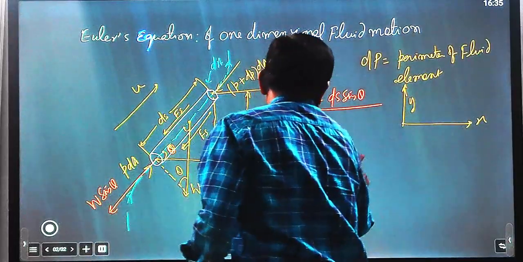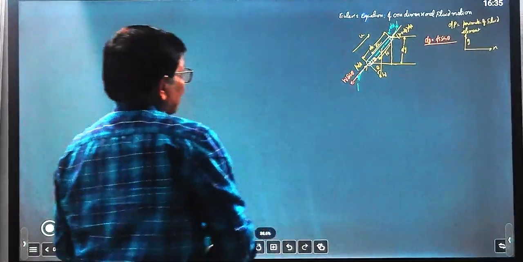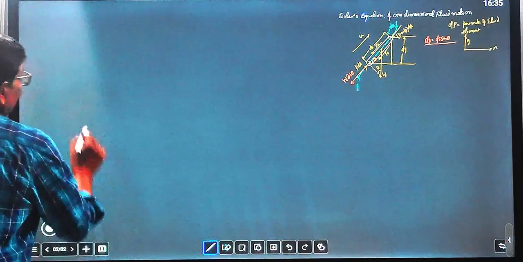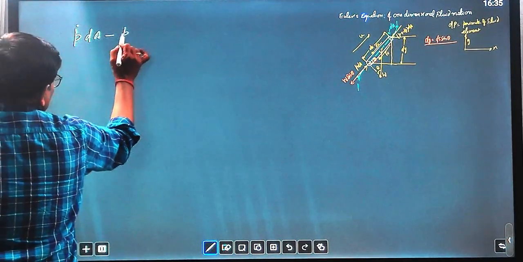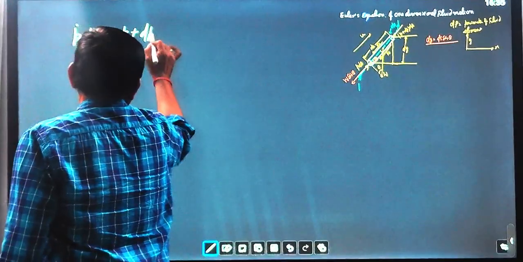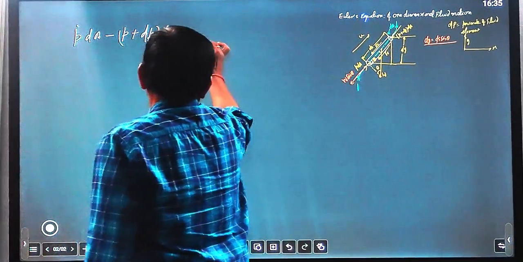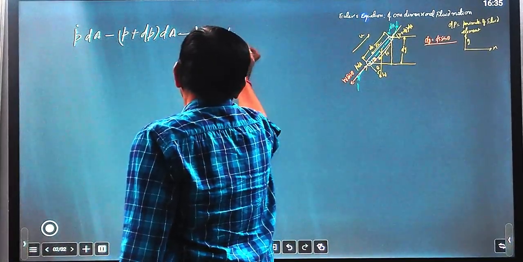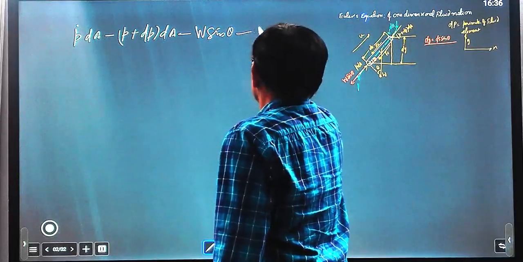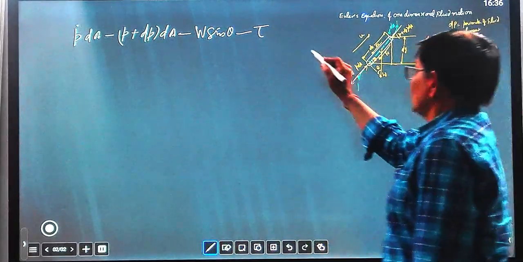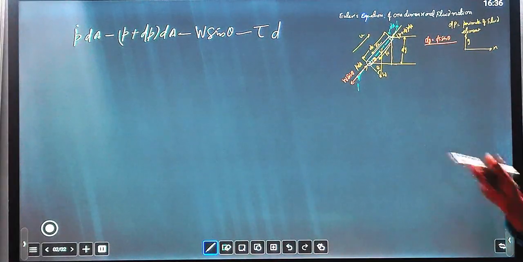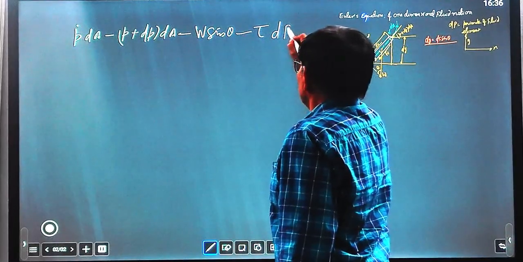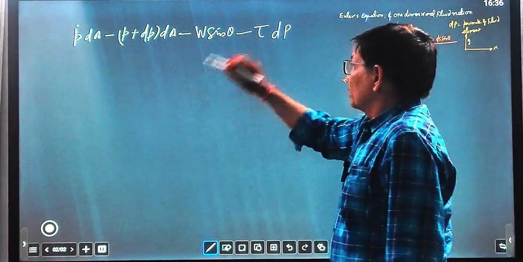Applying the force balance equation, that is PdA minus (P plus dP) into dA, minus W sine theta, and minus tau, the shear force acting due to the surrounding fluid offering resistance to the moving fluid element, on dP, the whole surface circumference.